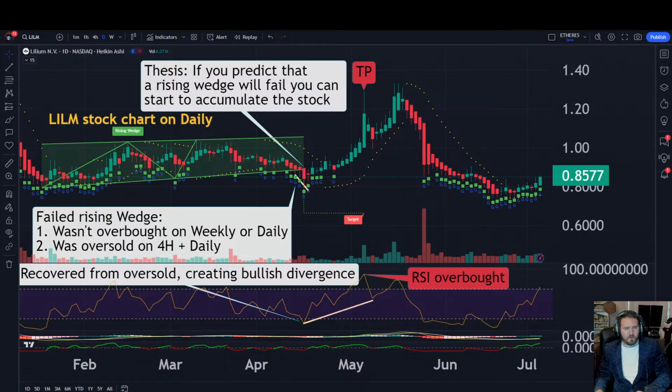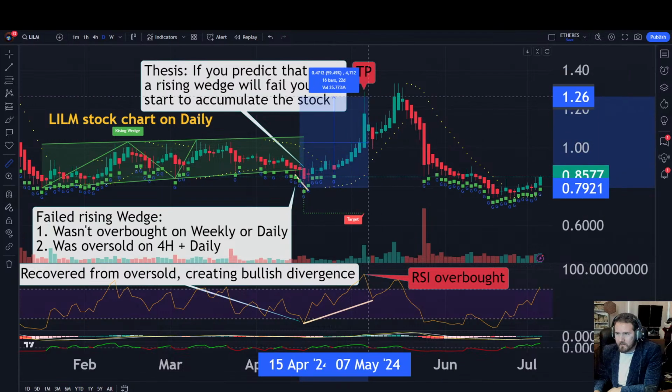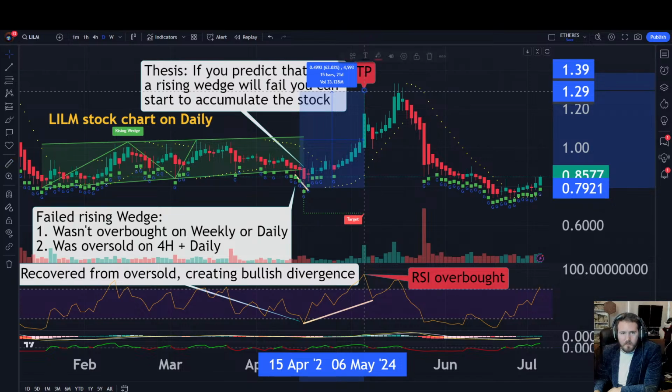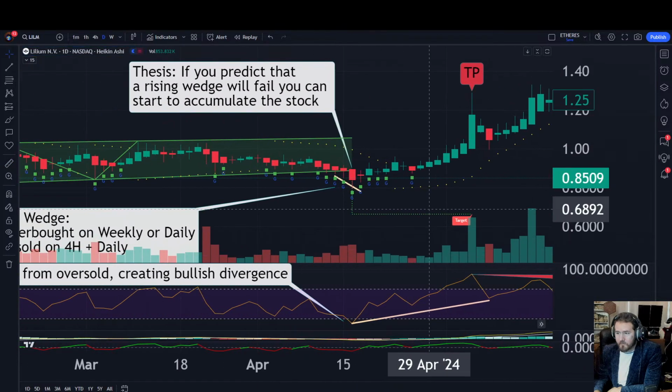So this is like trading predicting that the chart pattern will not complete itself. And the profit from that, if you started to accumulate down there when RSI is oversold, about 81 cents or 78 cents, and take profit at $1.29, you would have made about actually a pretty decent bag.